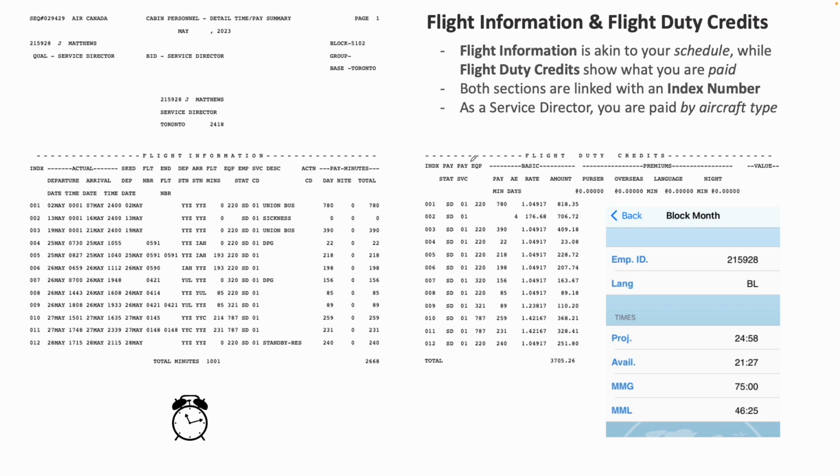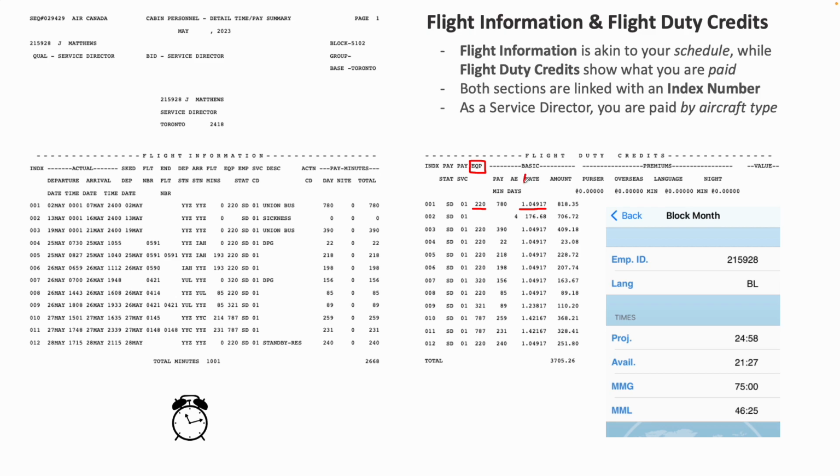Within flight duty credits, we also have EQP. So that's equipment, just like we saw over in flight information. So we are seeing that the 220 rate should be used for the pay minutes that we have here. And that would be something we want to verify using the table that I'll show you on the next page.